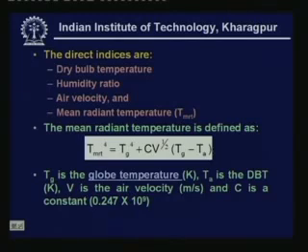Here all the temperatures are in absolute Kelvin scale, velocity is in meters per second, and dry bulb temperature is also in Kelvin, as I have already mentioned.